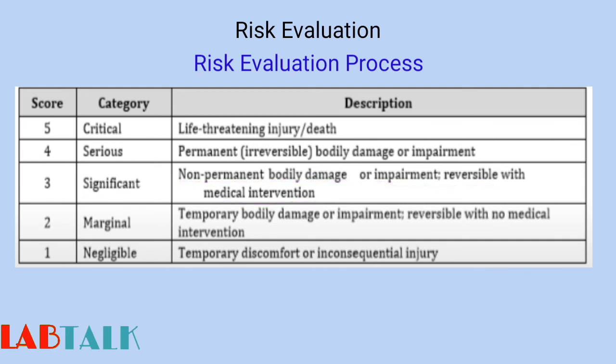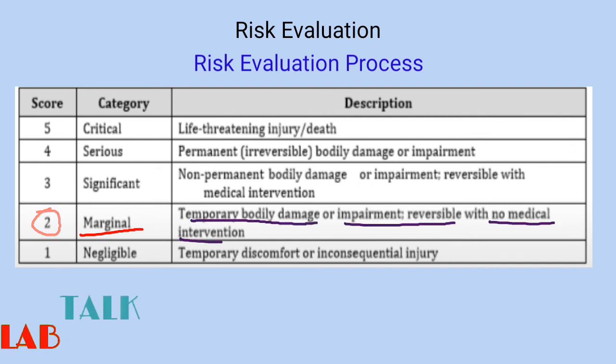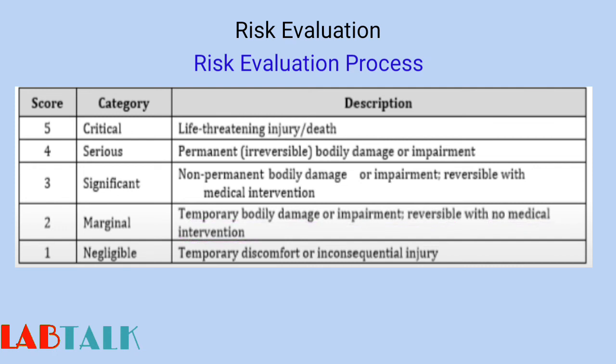A score of 2 implies marginal severity, which can cause temporary bodily damage or impairment, reversible with no medical intervention. And a score of 1 implies the severity is very negligible, where temporary discomfort or inconsequential injuries can occur. So this is the scale which defines the severity of harm on the scale of 5 to 1.